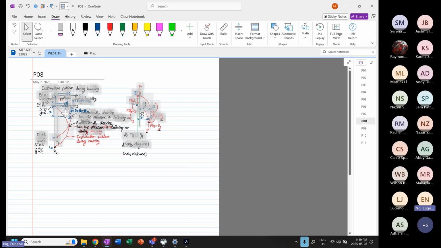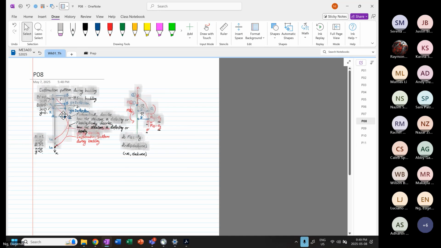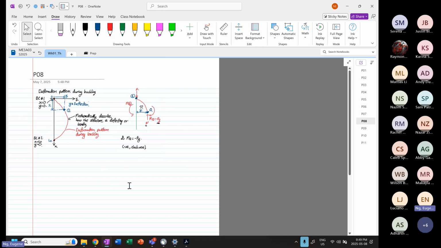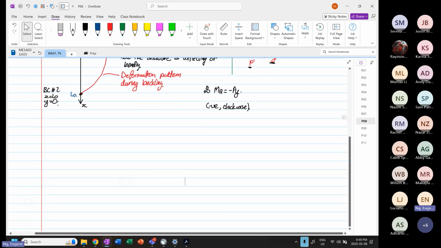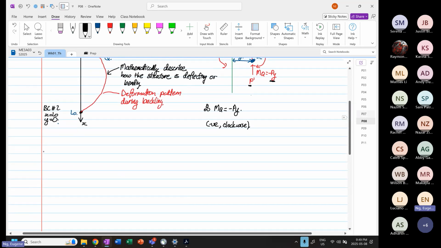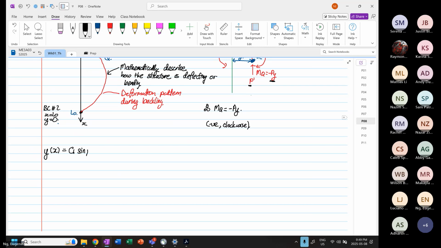So we know that y as a function of x will be equal to c1 sine px plus c2 cos px. And that is our equation C.